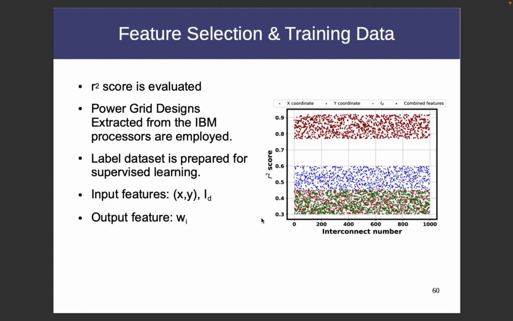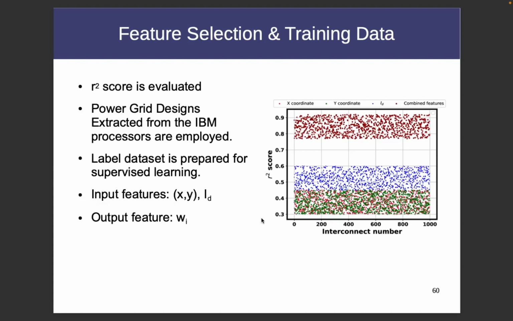For a power grid metal line, we have the xy coordinate of the current locations, or the currents of the function blocks where it is connected, and how much current that function block is drawing. We consider these two as our input features, and the width of the metal line, on which the IR drop mostly depends, we consider as the output feature.